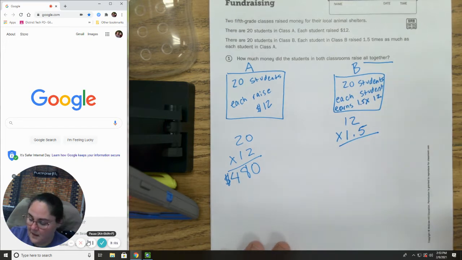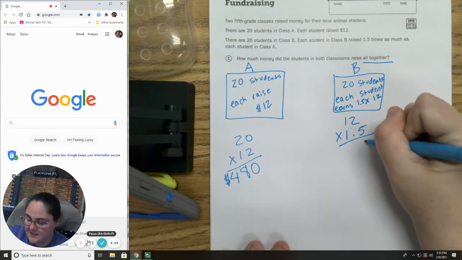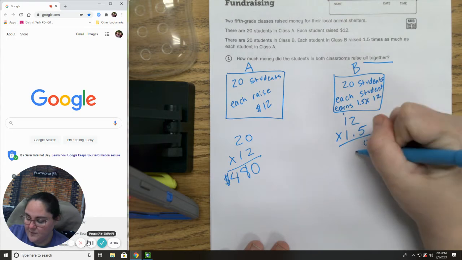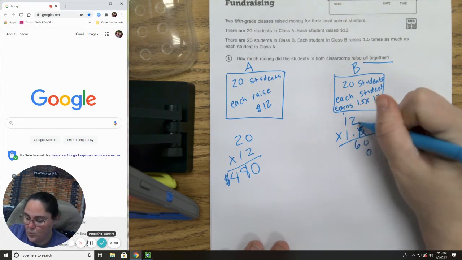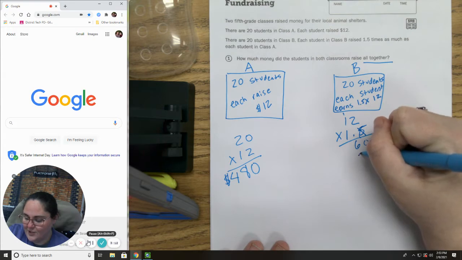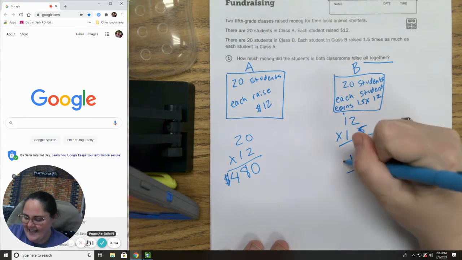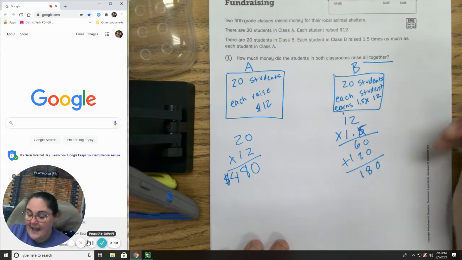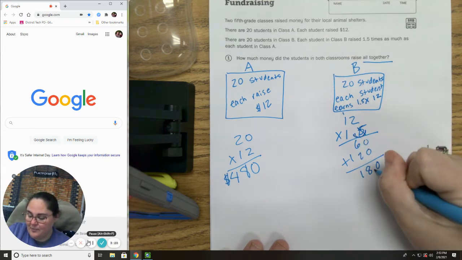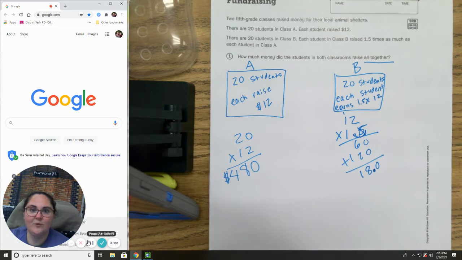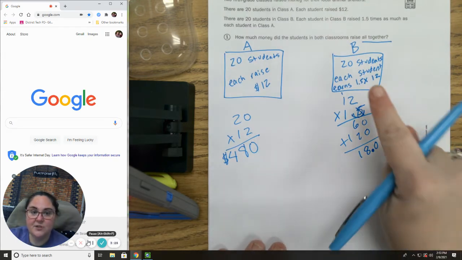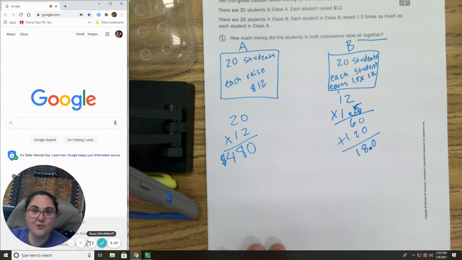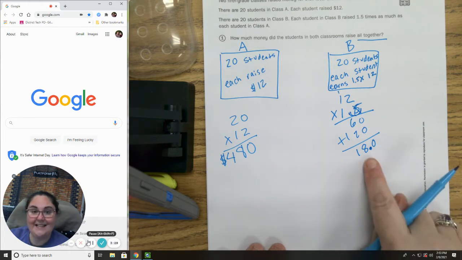We know 5 times 2 is 10, carry my 1. 5 times 1 is 5, plus 1 is 6, X's and O's. 1 times 2 is 2. 1 times 1 is 1. Add it together. Let's see, 0, 8, 1. And my decimal, I have 1 decimal place. So my answer would be 18. That means Classroom B, all of the students raised $18 apiece.